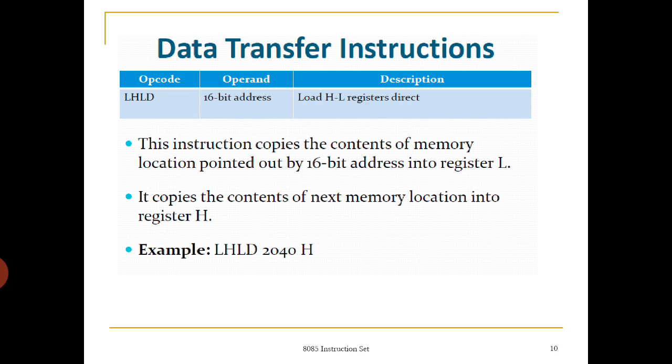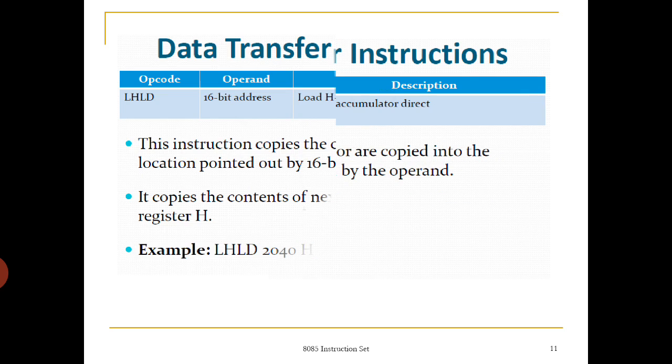It copies the contents of the memory location pointed out by the 16-bit address into register L and it copies the content of the next memory location into register H. So this is the LHLD instruction.